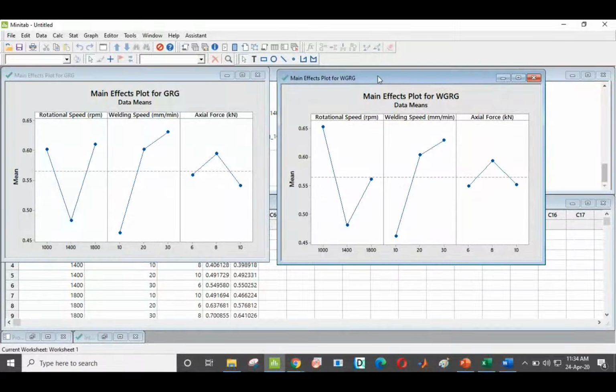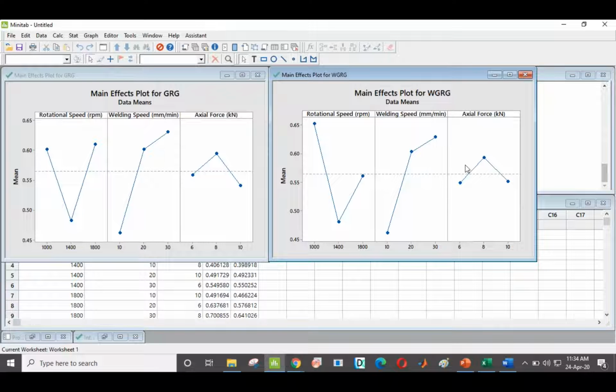Now here, this is the comparison. So with the change in the tensile strength weightage, the optimum condition varies. You can see now, with the equal weightage, the hardness value influences more than the tensile. That's why the optimum value is 1800.